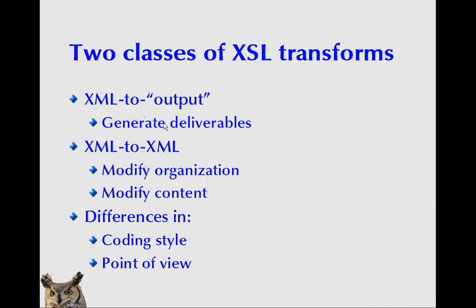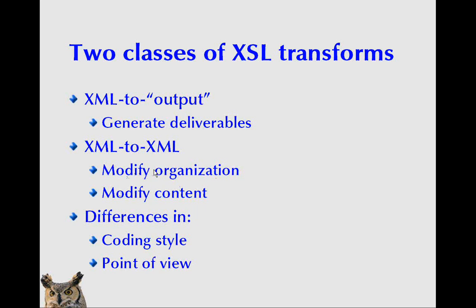So we have XML to output, and the prime use here is generating deliverables. So we might be doing XML to output, we might generate HTML. Or in this case, XML to XML, usually what we're doing is we're modifying the organization of the file, or we're modifying the content of the file, but the file that we're getting on the output end is going to be useful for something else.